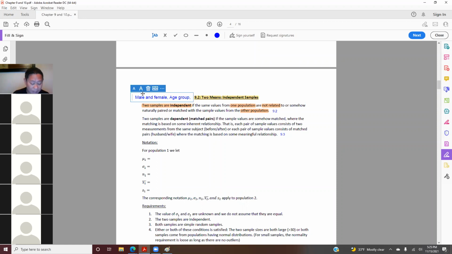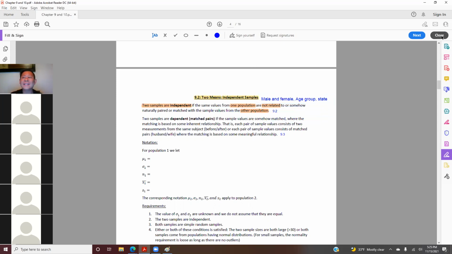Or if I break you based on location, like what state you're from. Since we are from Minnesota, if I want to study Minnesota and Iowa, or Minnesota with Illinois or Wisconsin, or whatever state we want, two different states are also what we call independent samples, because you either belong to this state or that state. You cannot belong to both. So this is what we call independent samples.